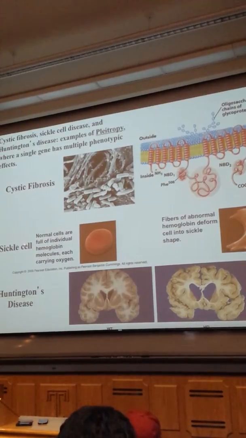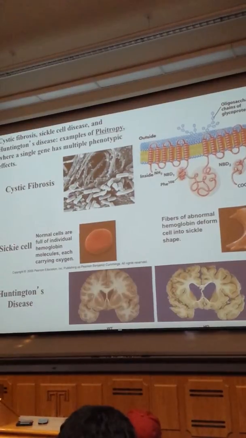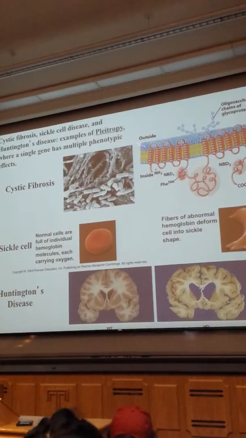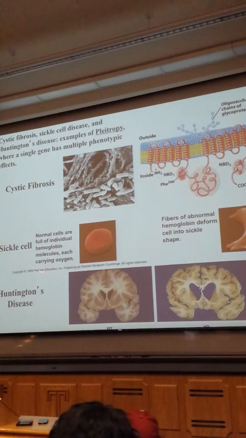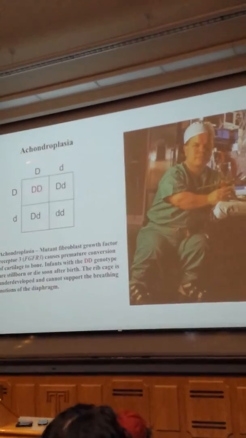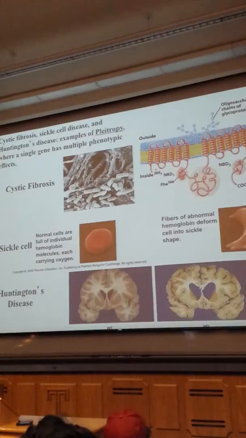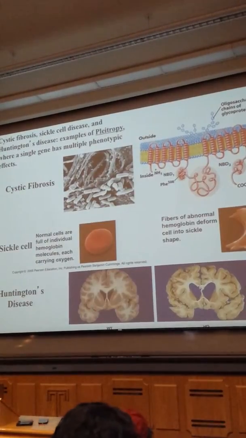The mutant allele is going to affect the individual, but individuals who are heterozygous can get by with both sickle cell as well as cystic fibrosis. Only when you have both mutant alleles do you show the full-blown disease. Huntington's disease is very similar to the effects of achondroplasia in that this is a dominant mutation.